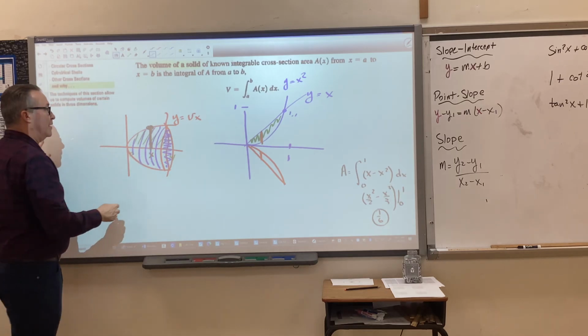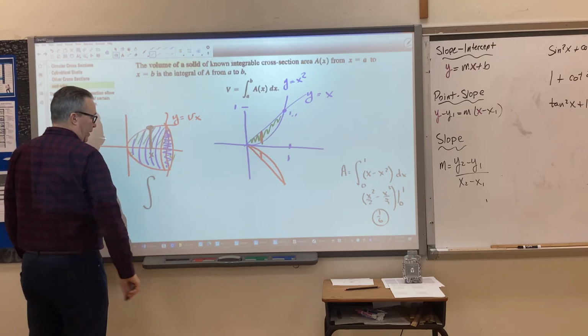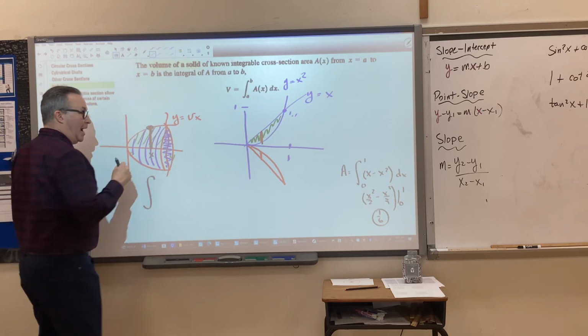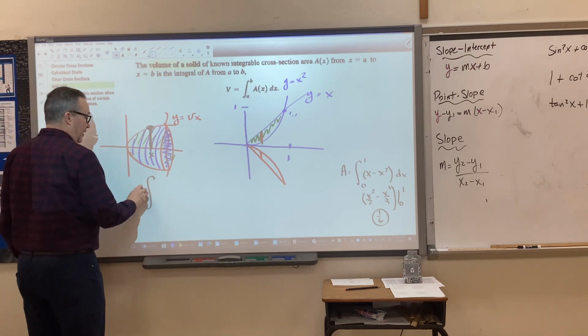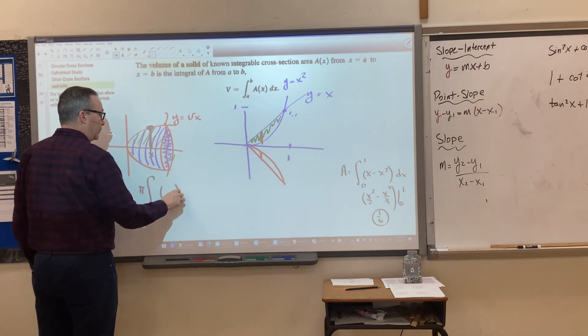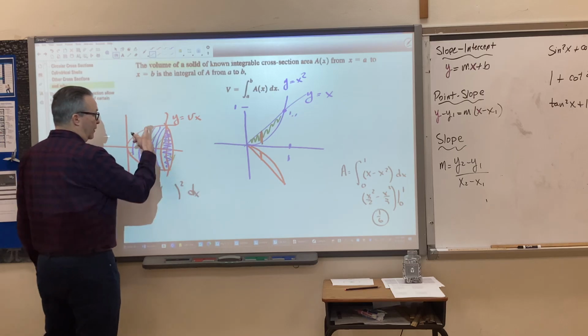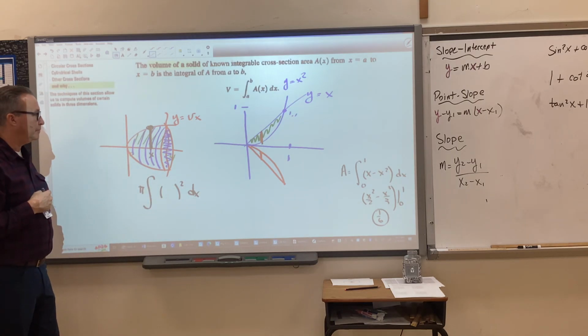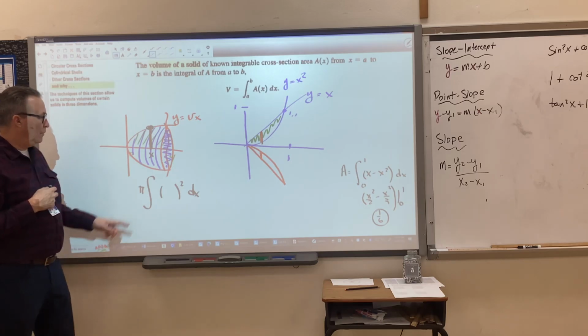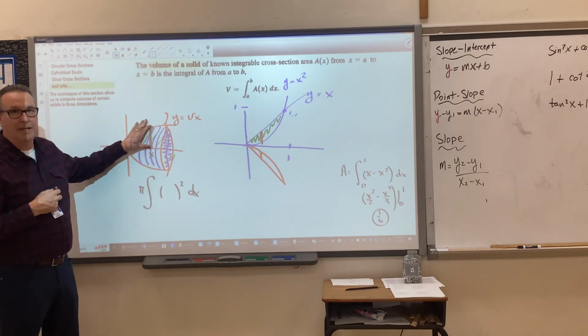So to find this volume, all you do is integrate the area of the cross section. The circle's area is just pi r squared. Since rectangles are perpendicular to the x-axis, it's dx. Okay? What's the height of this rectangle?